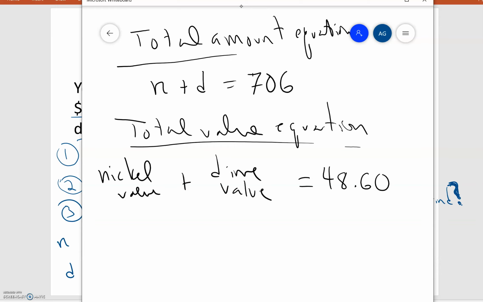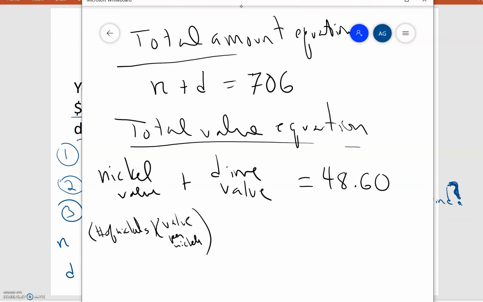Now let's think about what the nickel value is. The nickel value is the number of nickels times the value per nickel. If I have 5 nickels and they're worth 5 cents each, that's 25 cents.